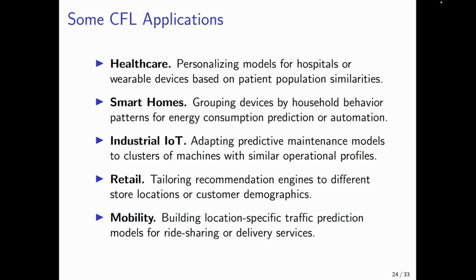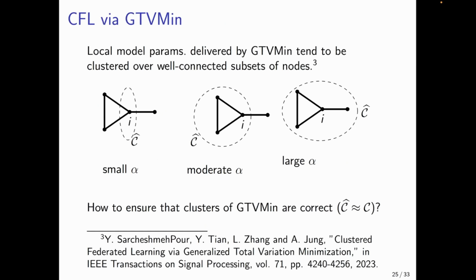So maybe my smartphone-based training planner should take into account the measurements or the data collected by others that have similar physical properties than I have. So here we get this intrinsic cluster structure. And it turns out that GTV minimization is well suited also for clustered federated learning because, as we have discussed earlier, the solutions of GTV minimization tend to be clustered.